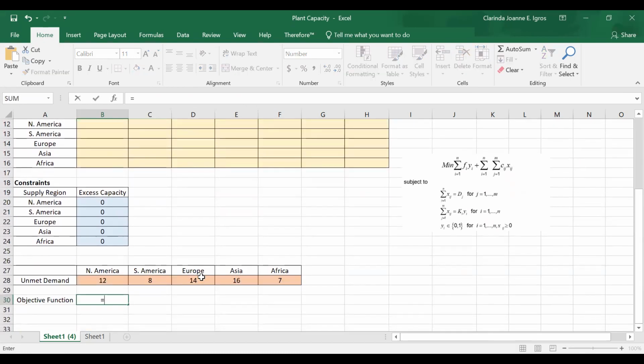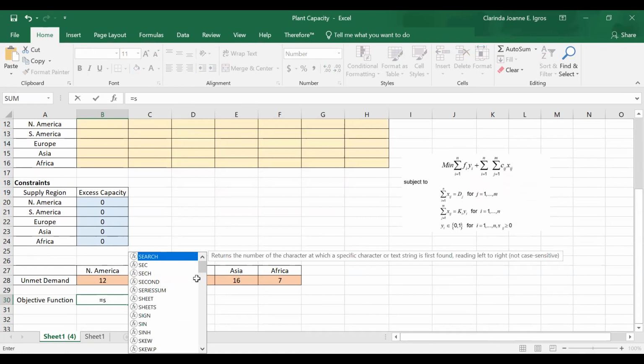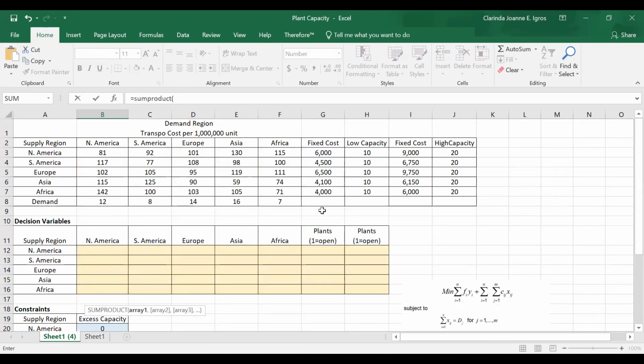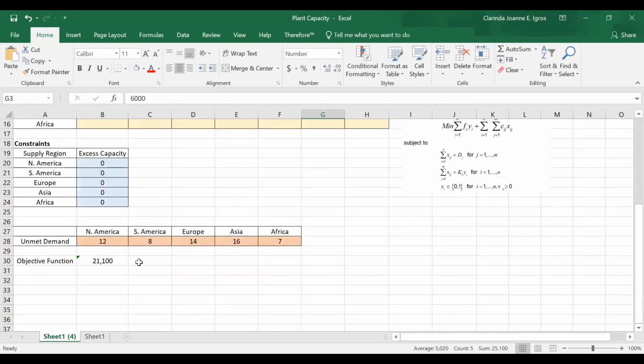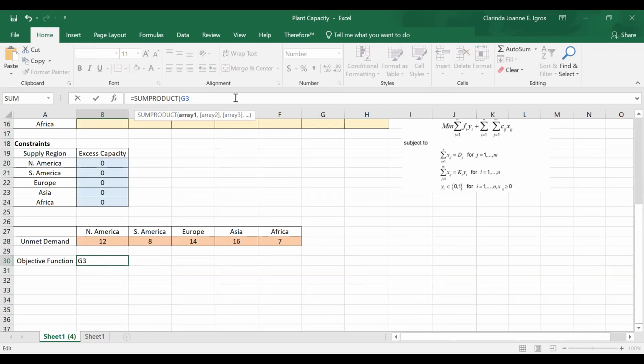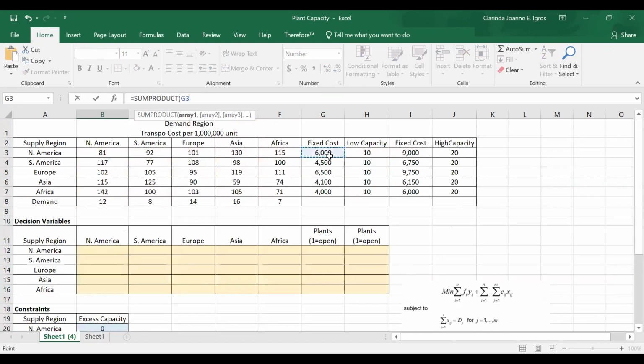So it's the sum product of the fixed cost for the low capacity multiplied by this one, for if it's operational or not.